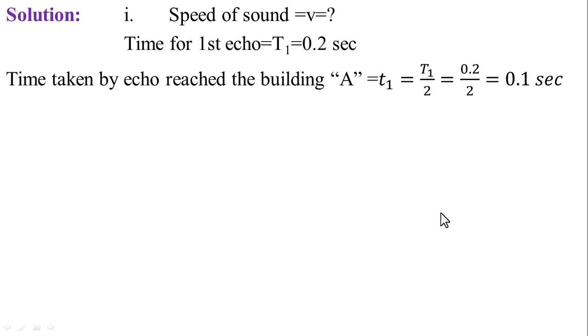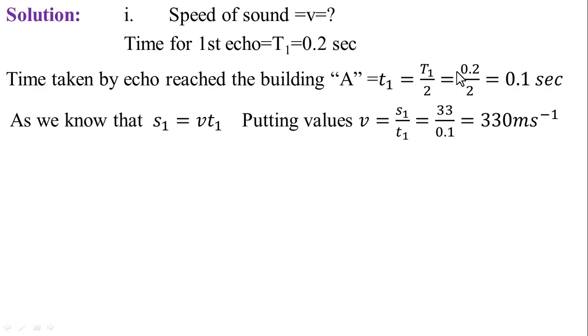The time taken by the sound to reach building A is t1 equal to total time divided by 2, that is 0.2 divided by 2, equal to 0.1 second. As we know S1 is equal to V t1, so V is equal to S1 over t1, that is 33 divided by 0.1, equal to 330 meters per second.